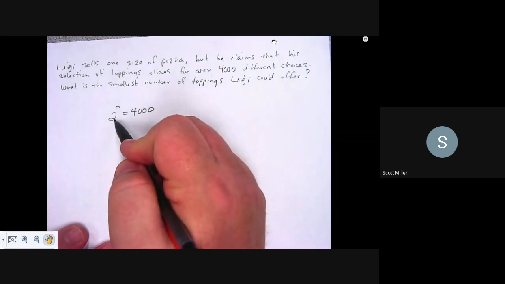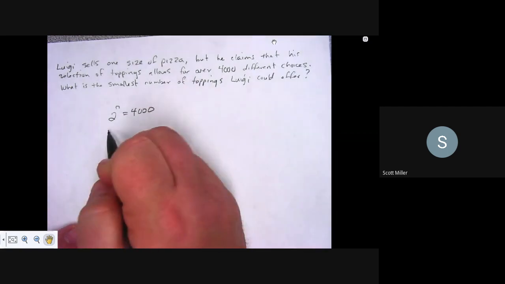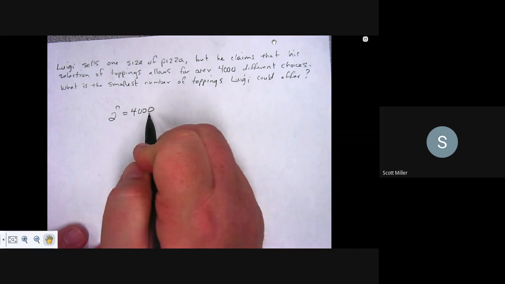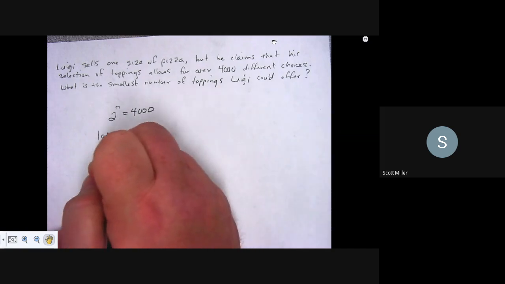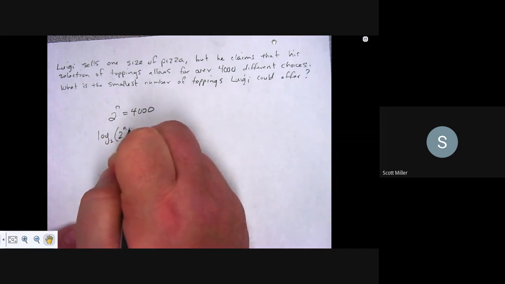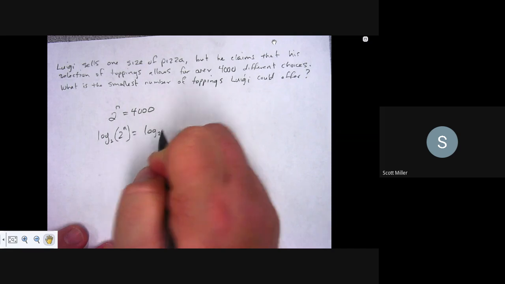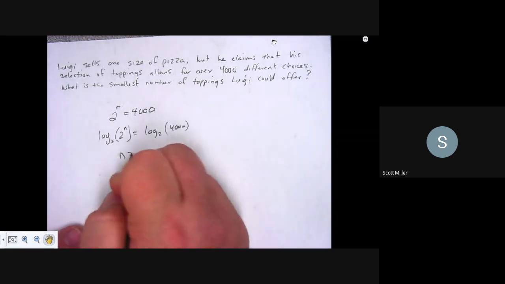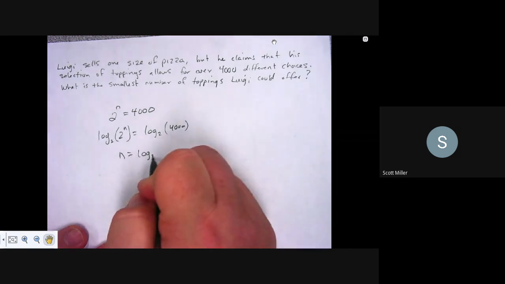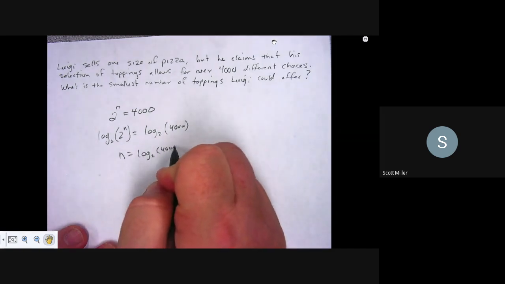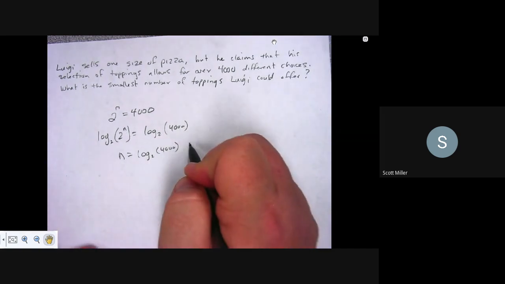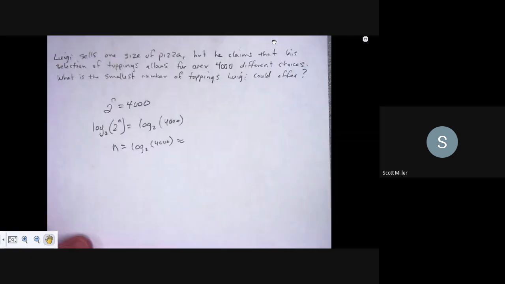The base number is 2. To get to the n up here, I take the log base 2 of both sides. So the log base 2 of 2 to the n, log base 2 of 4,000. So n is going to be this right here.